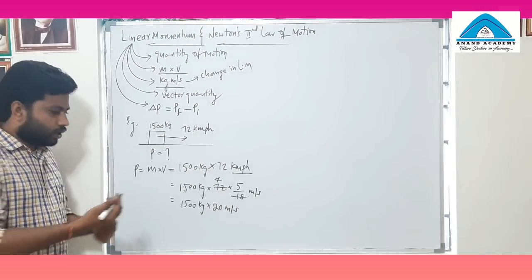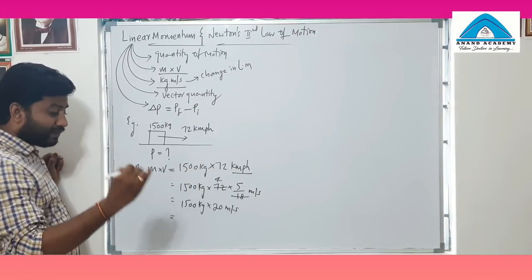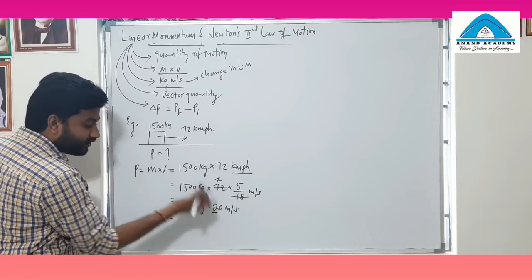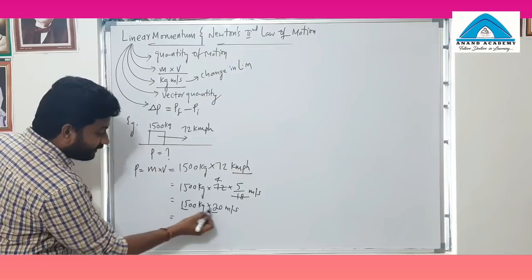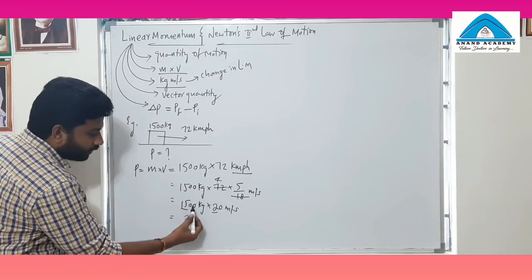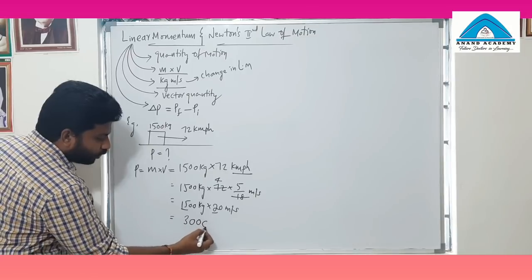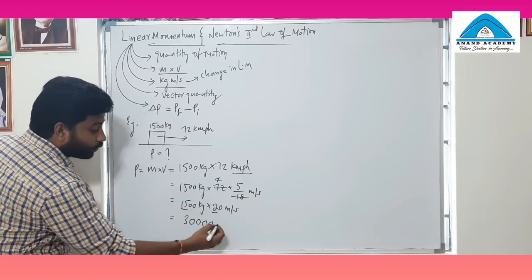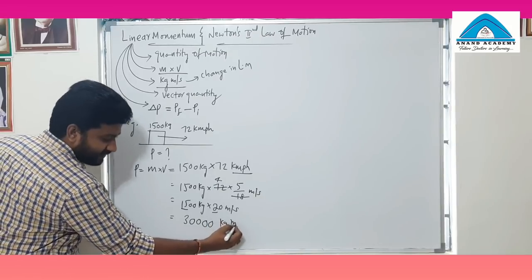Now what remains? 15 into 2 is 30, and three zeros are left. So total 30,000 kg meter per second.